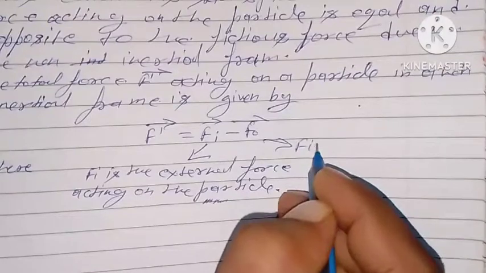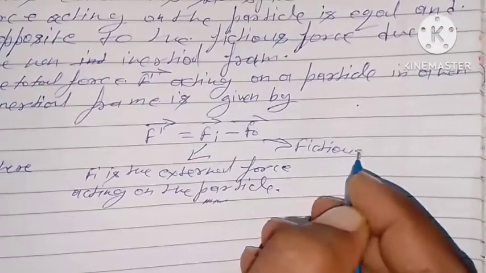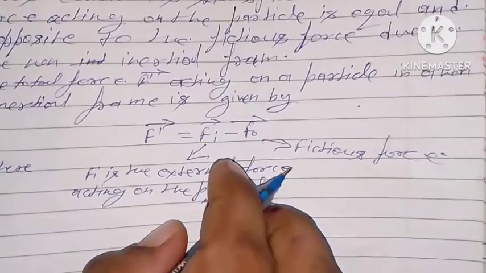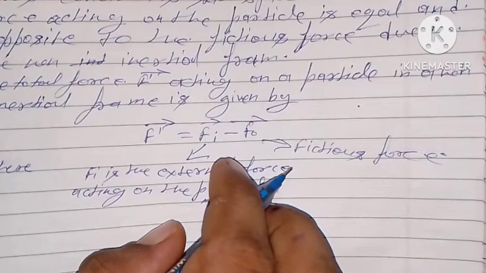F0 is the fictitious force due to the non-inertial frame.